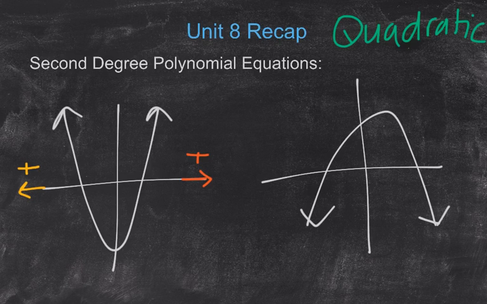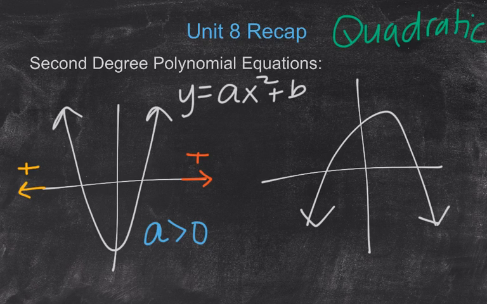So for this one, the end behavior is the same on either the left or the right side of the x-axis. This is when a values are greater than 0, and we're looking at a general form of y equals a x squared plus bx plus c.